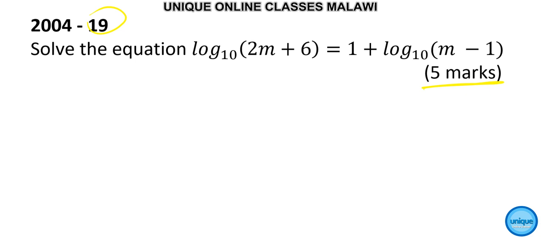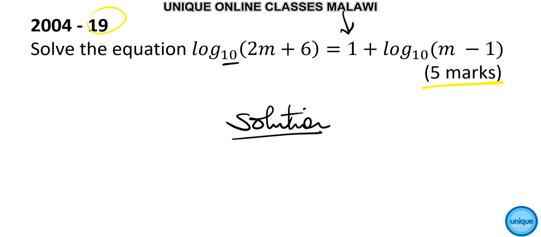So let's see how we can solve it. What we need to do here, the first step is to apply laws of logarithm. Log of the same number whose base is equal to that number is equal to 1. So in this case, in base 10, log of 10 base 10 represents 1.